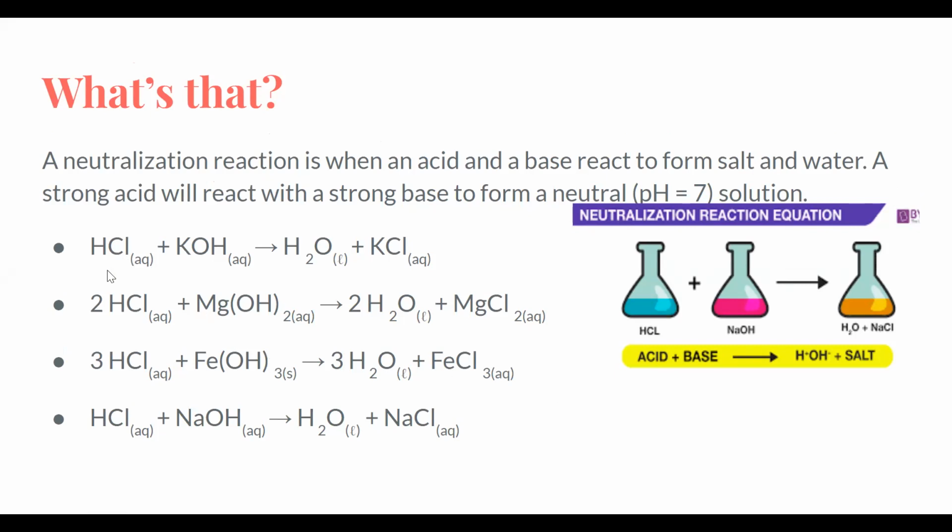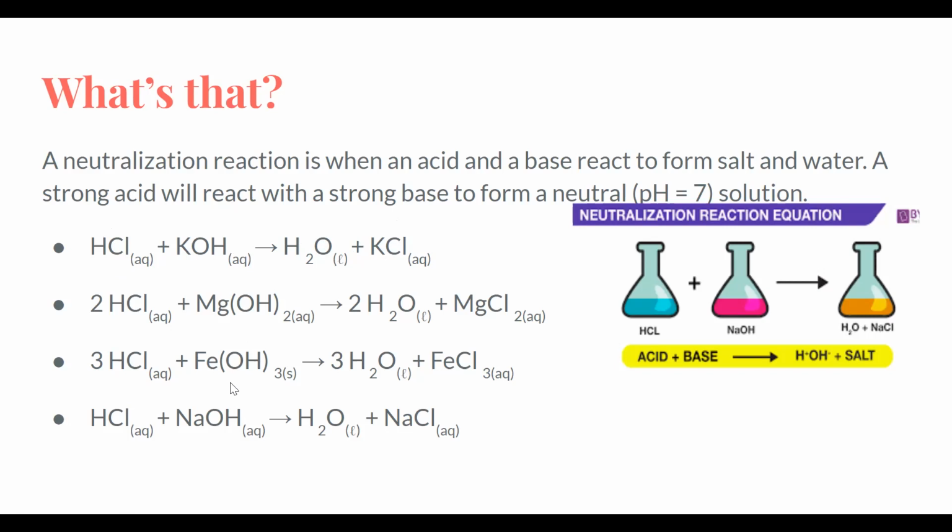We have some hydrochloric acid with some potassium hydroxide. It forms a salt and water, the salt being potassium chloride. So this reaction here is a neutralization reaction because we have the acid and the base forming salt and water, which is neutral.